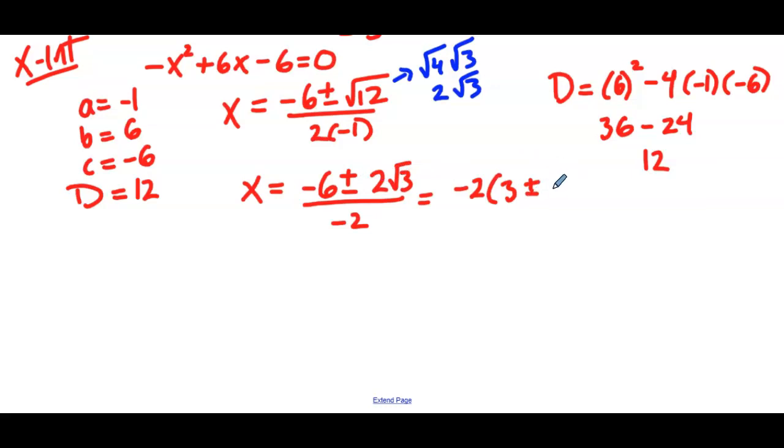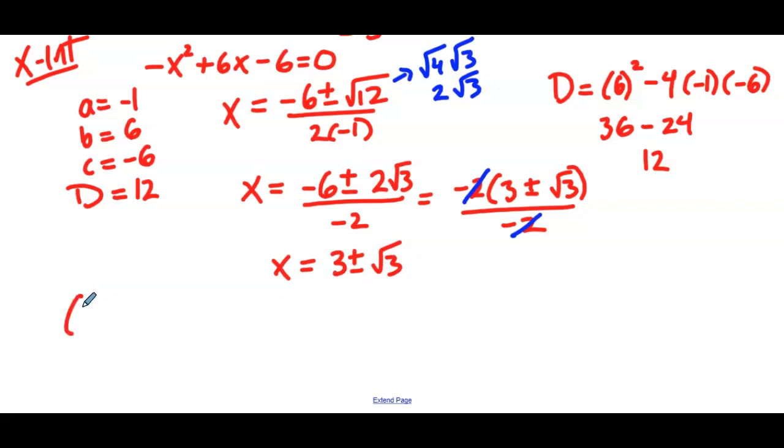And then we'd have rad 3 over -2. So -2 and -2 simplify. So we have x equals 3 plus or minus the square root of 3. If you didn't factor out the negative, you would have -3 plus or minus rad 3 over -1, which is equivalent to what we have here.